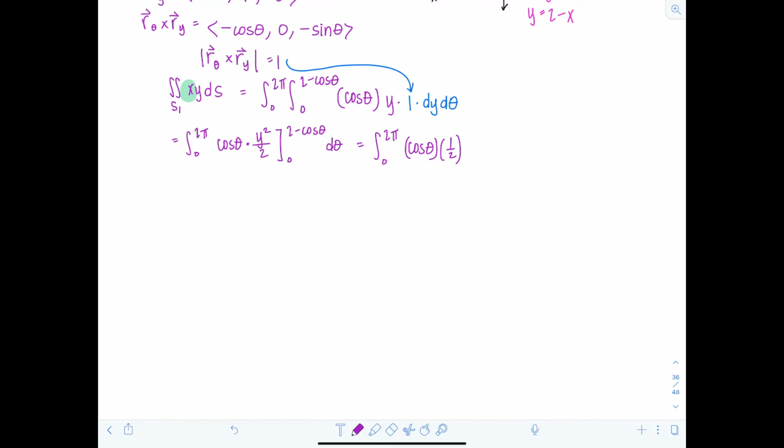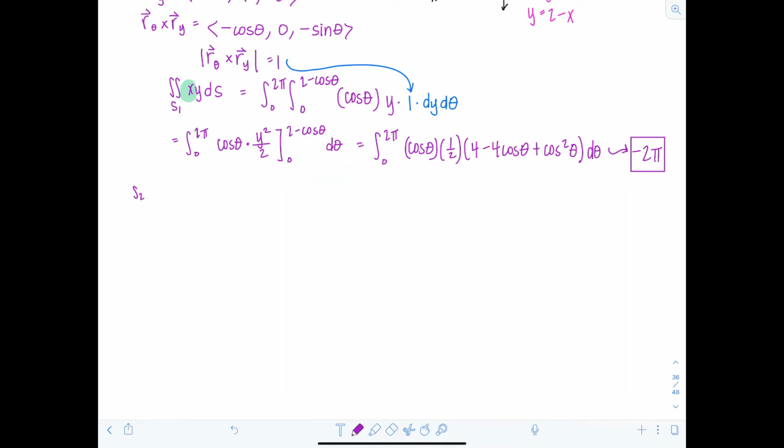And then if I square 2 minus cosine theta, we'll have 4 minus 4 cosine theta plus cosine squared theta d theta. And then I'll let you play around with that. You should get negative 2 pi. Love it. Okay, let's move on to surface 2, shall we?